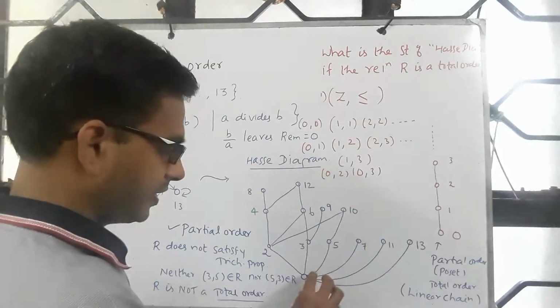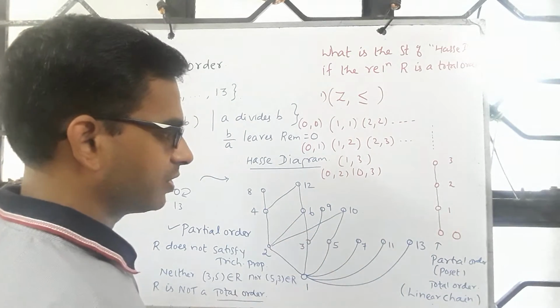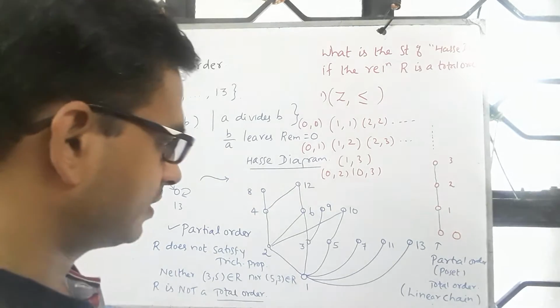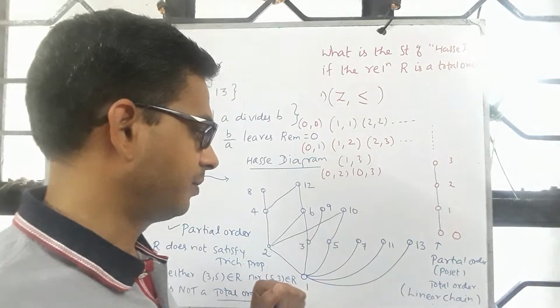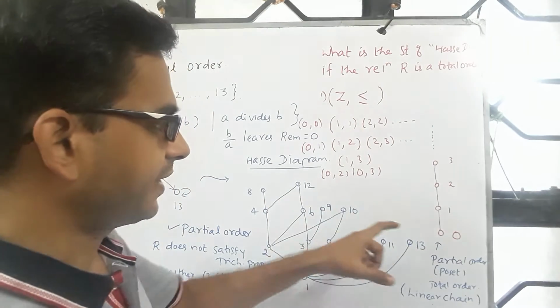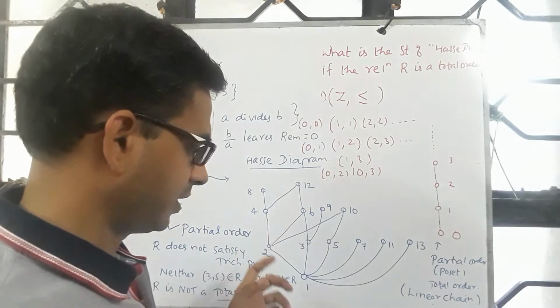So which means in the Hasse diagram, the moment you see a branch coming out, it satisfies the partial order property but not the total order property. So if the underlying Hasse diagram is a linear chain, it represents a total order.